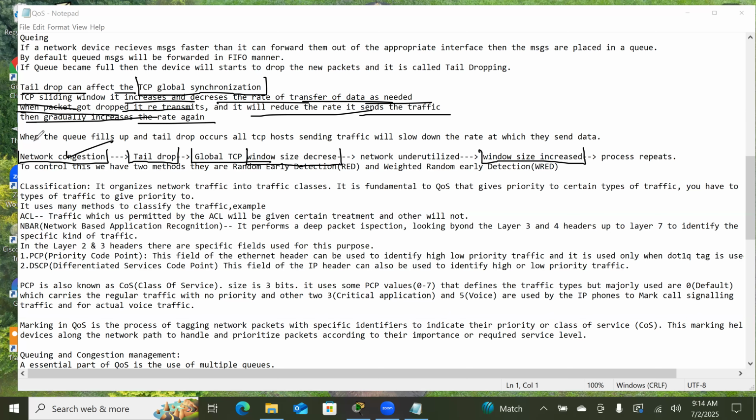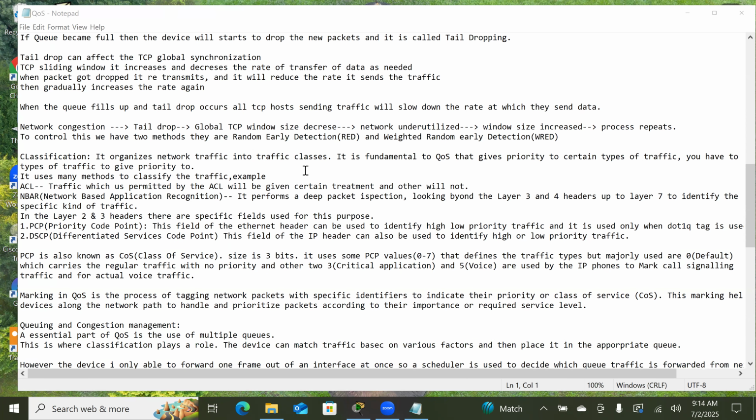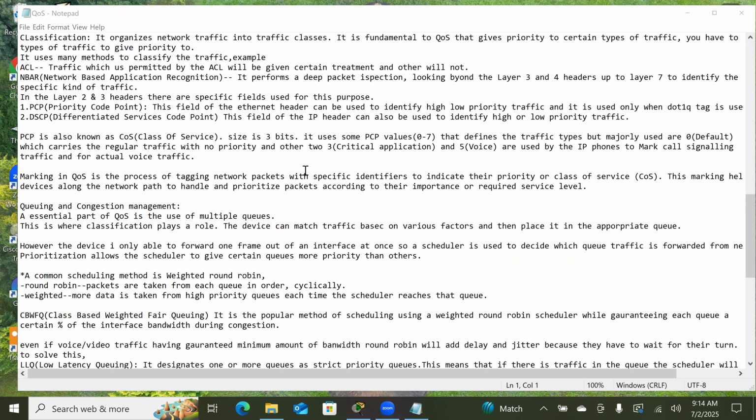When the queue fills up and tail drop occurs, all the TCP hosts sending traffic will slow down the rate at which they send data. And after maintaining this queue, they will go for classification. What is this classification now?